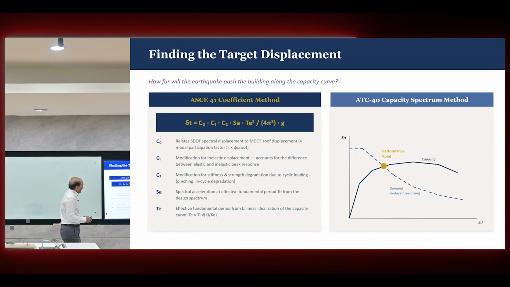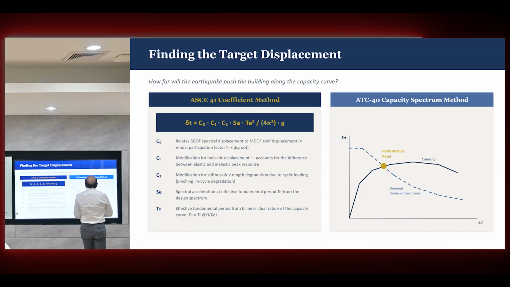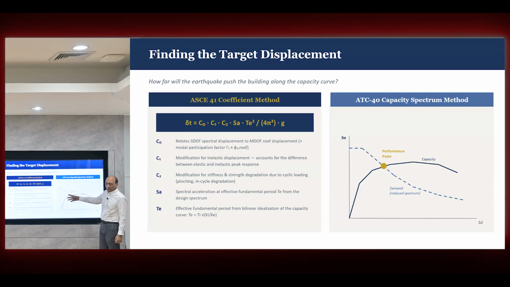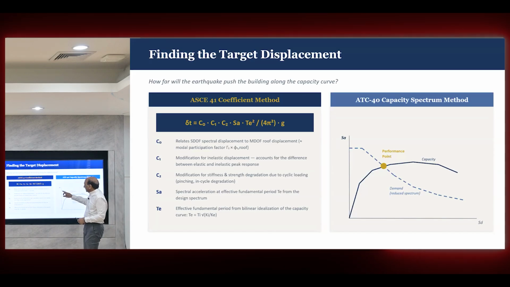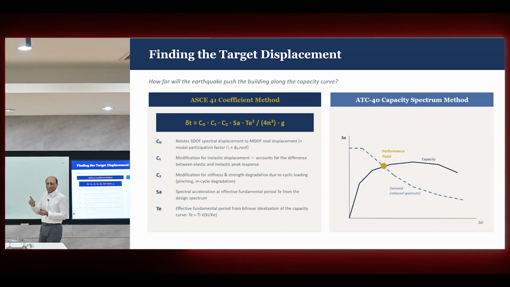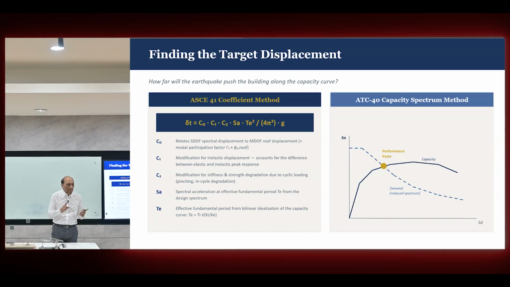So you basically create the nonlinear structure, and then you push with the displacement and force, and you have the response spectrum also converted to the same scale. You can actually generate several of these blue curves, one for the MCE, maximum credible earthquake, one for the design earthquake, one for another earthquake.